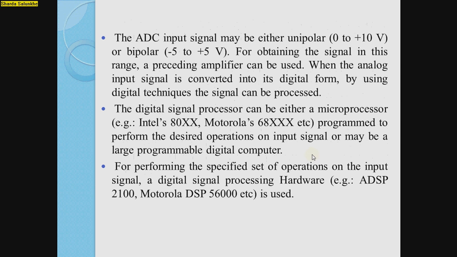For performing the specified set of operations on the input signal, signal processing hardware such as the ADSP 2100 or Motorola DSP series can be used. So these kinds of processors can be used for performing the desired operation on the input signal.